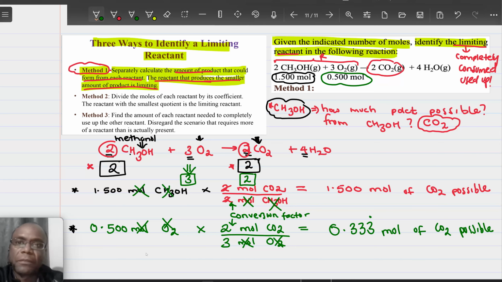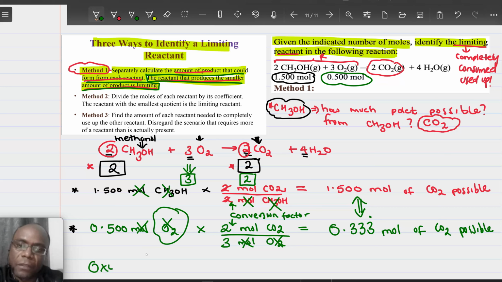Now remember, with method 1, we are saying that the reactant that produces the smaller amount of product will be the limiting. Who is producing the smaller amount of product here? It's going to be the oxygen.